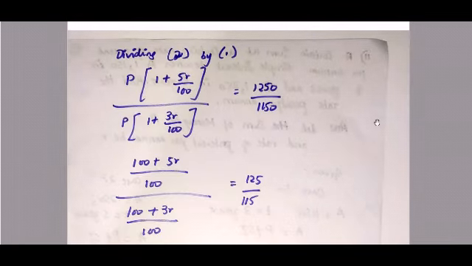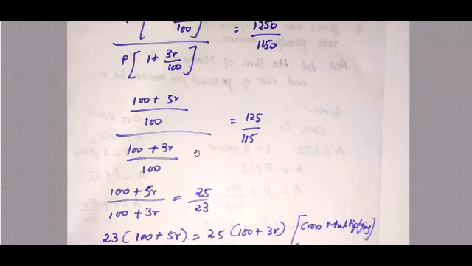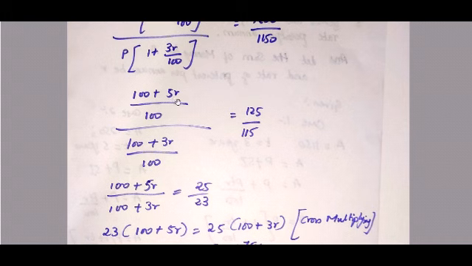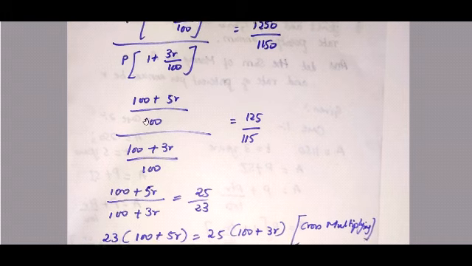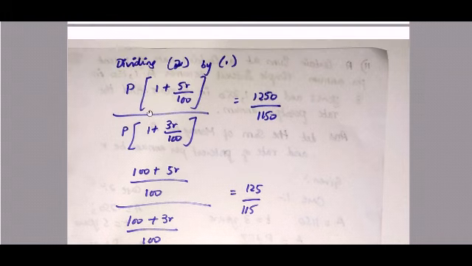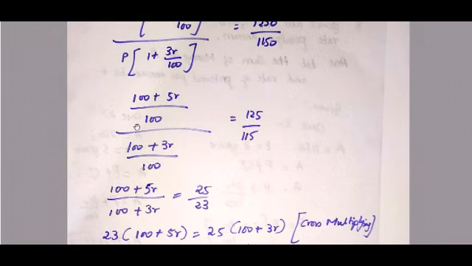So now if you divide equation 2 by equation 1, we get equation 2 as the numerator and equation 1 as the denominator. So if we solve, you get 100 plus 5R divided by 100. When we take the LCM, it is 125 divided by 115, the whole divided by 100 plus 3R divided by 100. So P and P get cancelled. The others are taken with the LCM.